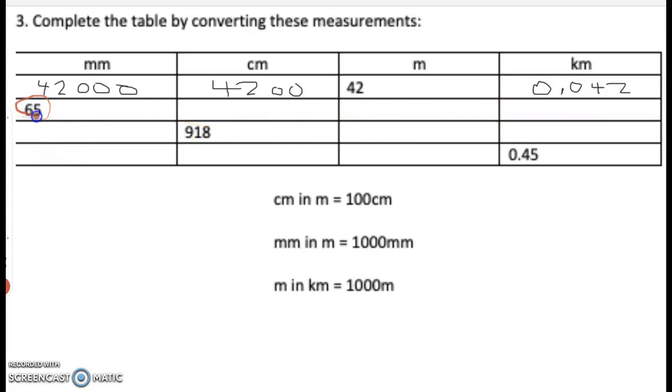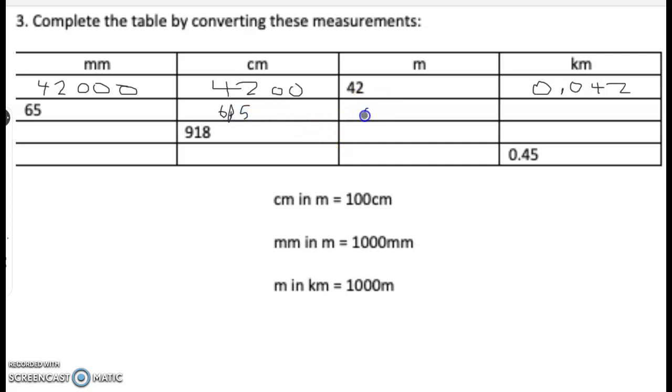65 millimeters. I want you to pause, using this information down here, have a guess, and answer these ones here. Pause now. Okay, let's do the answers for the second row now. 65 millimeters becomes 6.5 centimeters.